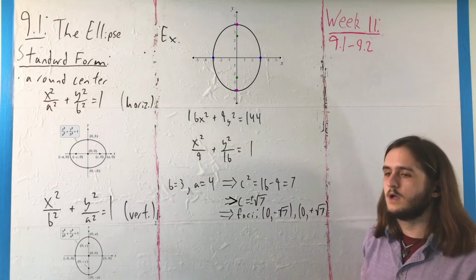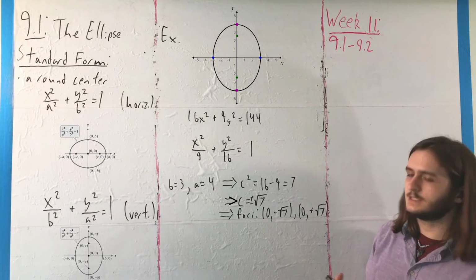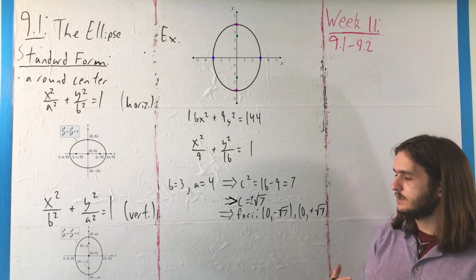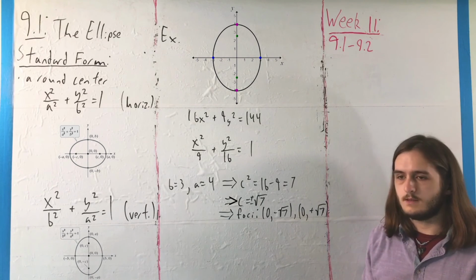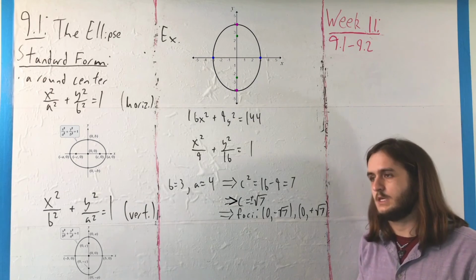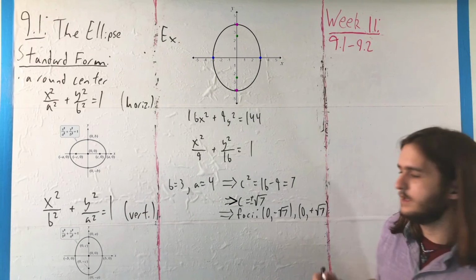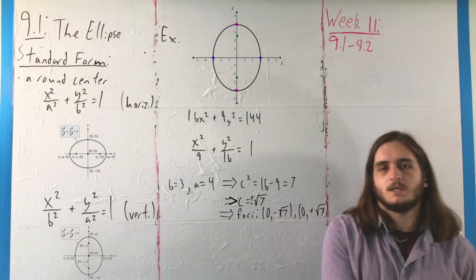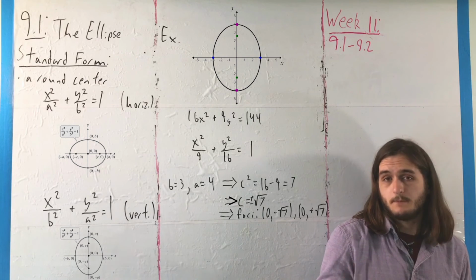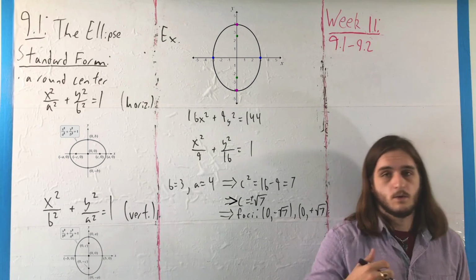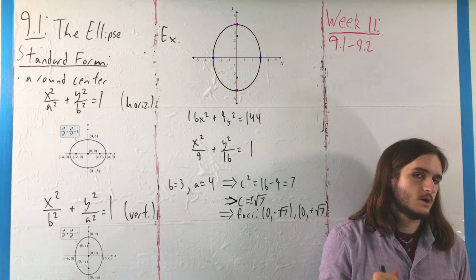The position of the foci is always described in terms of distance from the center, along the major axis, in terms of c. We'll see more generally later on that it's not quite so clean as this, but it still follows that same type of pattern.